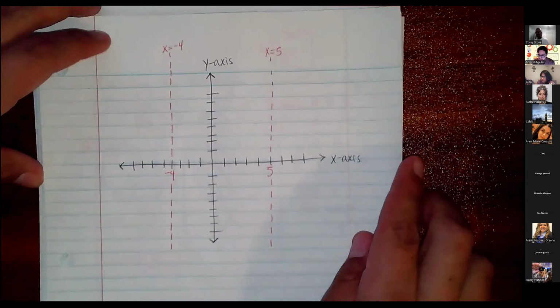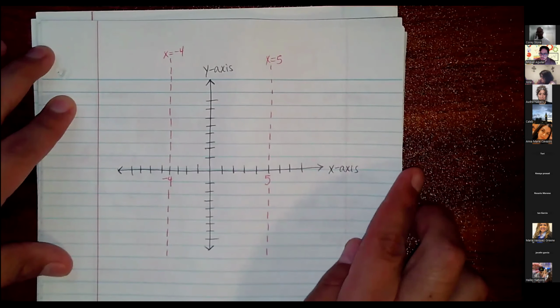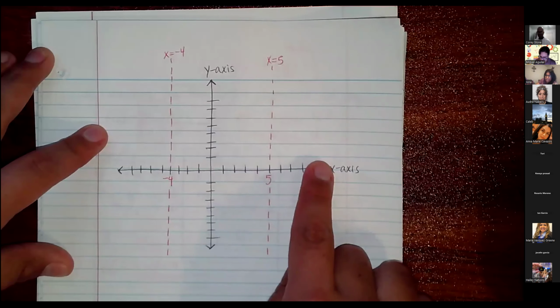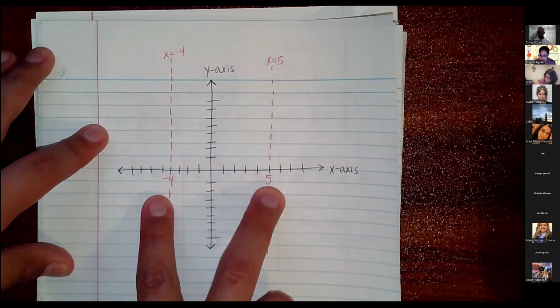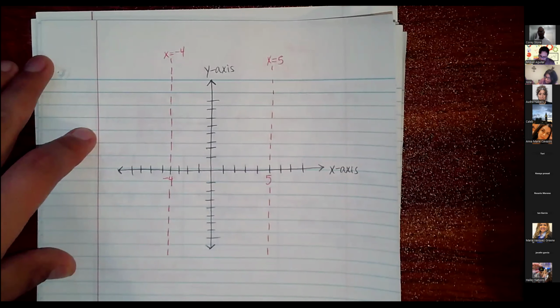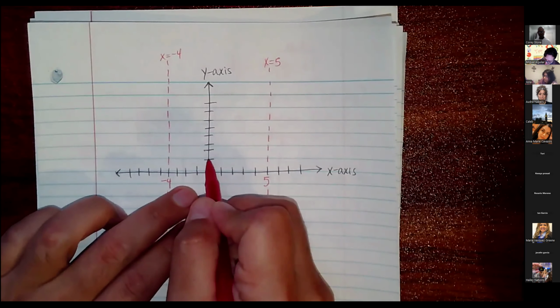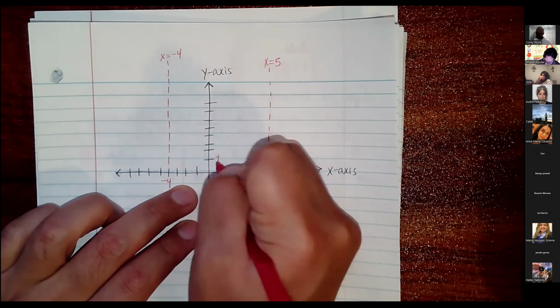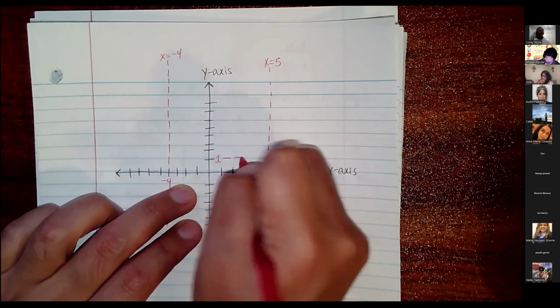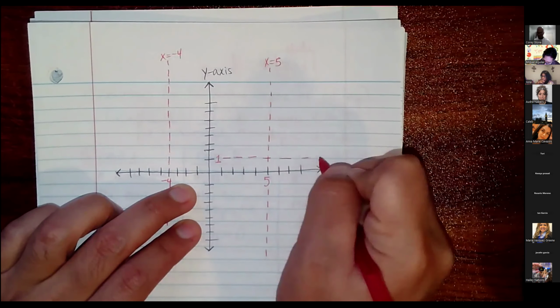Okay, so I'm going to bring my graph back in here, right? And we set up the graph with our vertical asymptotes. And we said that the horizontal asymptote was at y equals 1. So on the y-axis, at 1, I'm going to make a horizontal dashed line here.